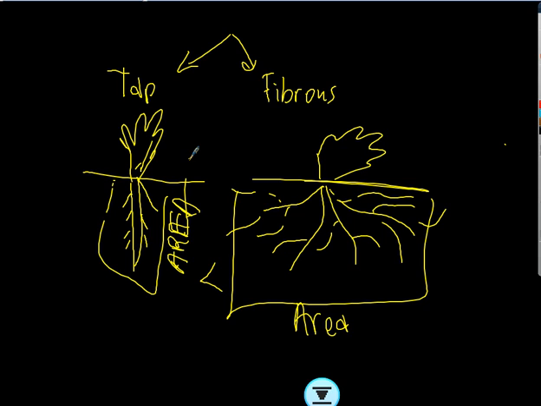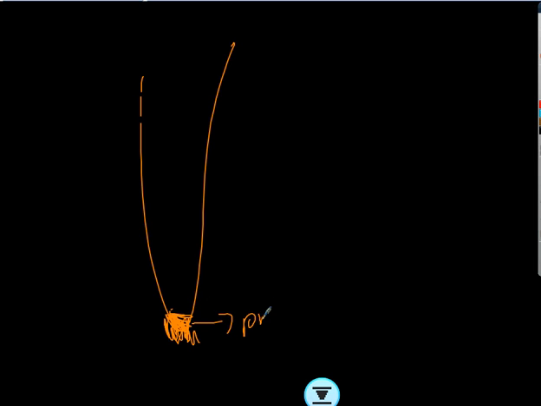Okay. Is that all about the root? Yes, not all. We studied about the root zones. So this is the cap, the protection for the roots, which we call the root cap.